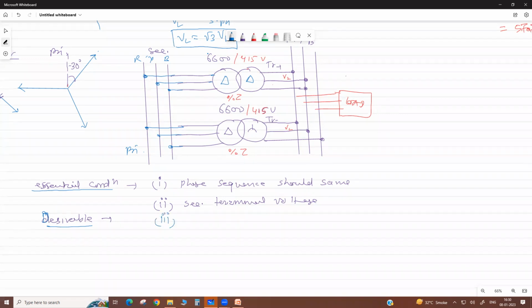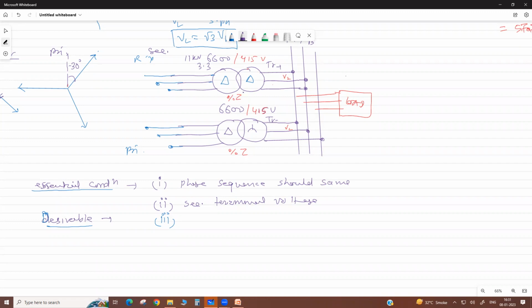But sometimes it can also happen that transformers 1 and 2 are coming from different sources. The primary may be 3.3 kV or maybe 11 kV, but with the same secondary voltage, 415 and 415, then we can parallel them. This is one way of paralleling.